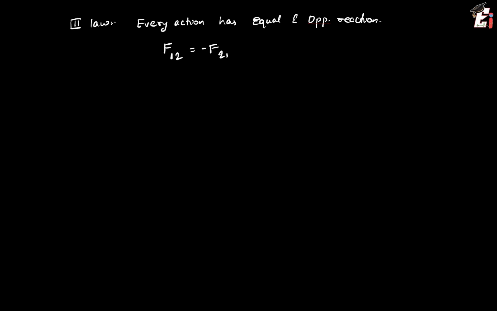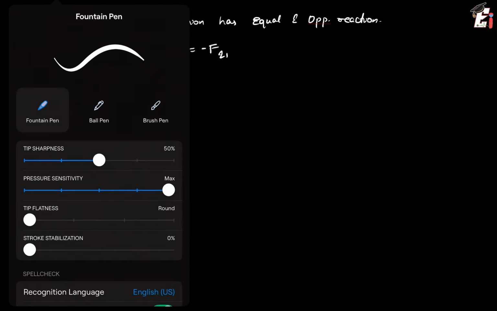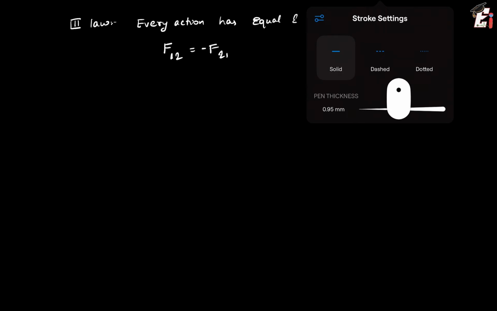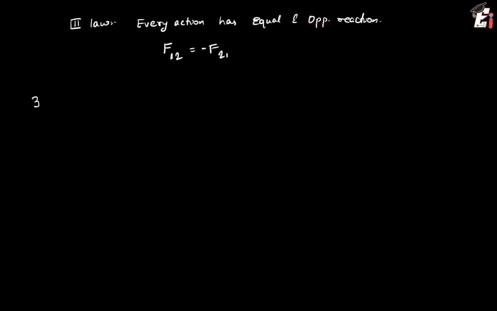Now let's talk about impulse. There is one more thing which is very important, you must know. That is impulse. So what is impulse? Impulse is nothing but when you integrate force with respect to time, meaning a force acting over a small period.